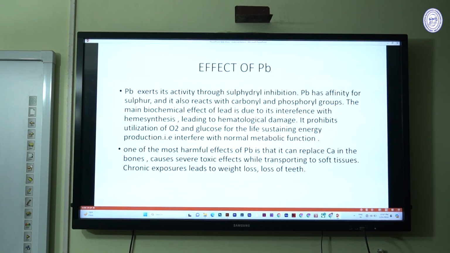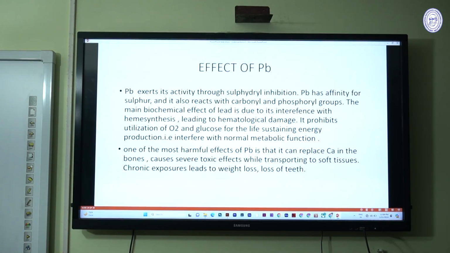How does lead, or Pb, inhibit biochemical reactions? Actually, Pb exerts its activity through sulfhydryl inhibition. Pb has affinity for sulfur and also reacts with carbonyl and phosphoryl groups.